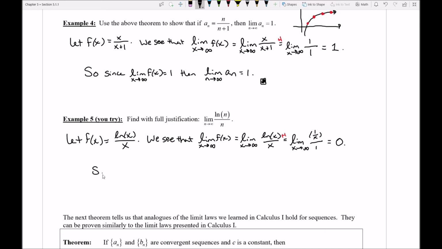I can say, since the limit of f of x as x approaches infinity was equal to 0, then we know that the limit of a sub n, well, wait a minute, that seems a bit strange to write because I don't have an a sub n defined anywhere. So instead of writing that, I'm going to just write my limit of the natural log of n over n as n approaches infinity is going to be equal to 0.